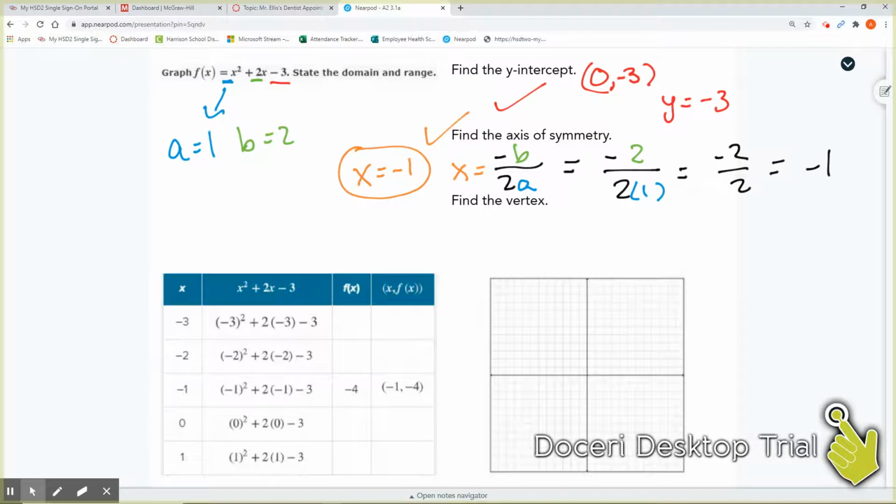Now that we found the axis of symmetry, we're going to find the vertex by taking -1 and plugging it into the equation. So instead of x squared plus 2x minus 3, everywhere I see an x, I'm going to plug in that -1. So instead of x squared, I'm going to plug in -1 squared, plus 2 times -1, minus 3. -1 squared is 1. 2 times -1 is -2.